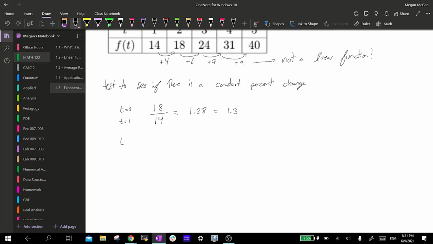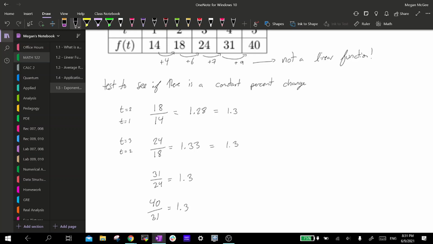We have to check between t is 3 and t is 2. So we have 24 divided by 18. We get 1.33, and if we're rounding to 1 decimal place, that's just 1.3. We'll go ahead and check the rest of them. So we have 31 over 24. That also rounds to 1.3, and 40 over 31, which also rounds to 1.3.